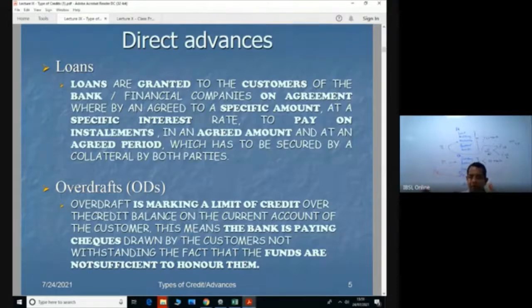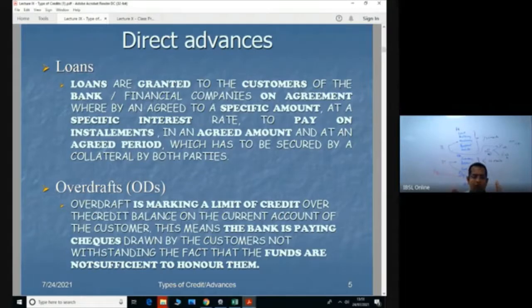Once repaid, you can't reuse a loan. Like we give a 10 million loan to be repaid over 5 years on a monthly basis, right? At an interest rate of 14% or AWPLR plus 3. So when you start repaying, you can't use it.